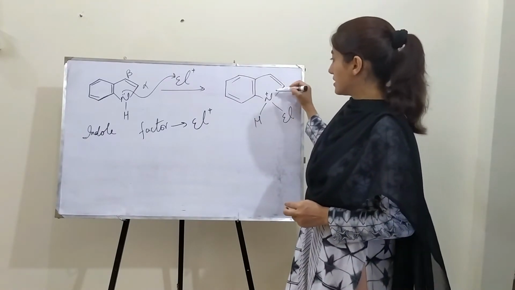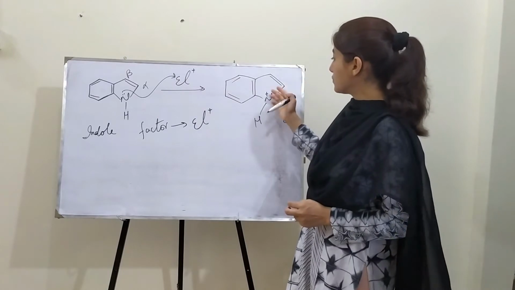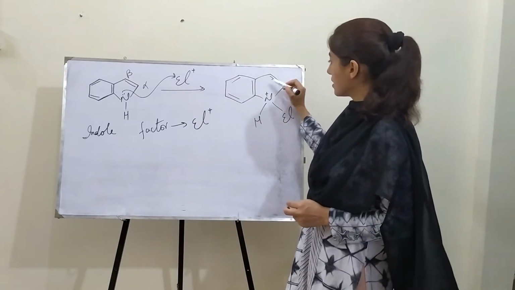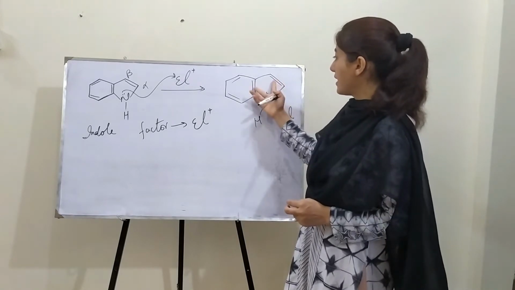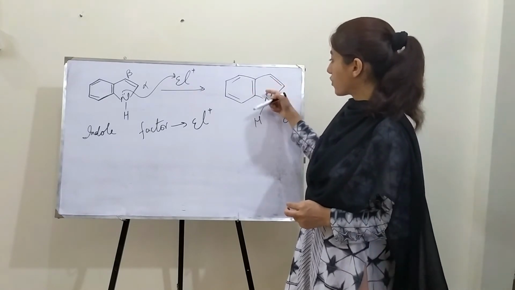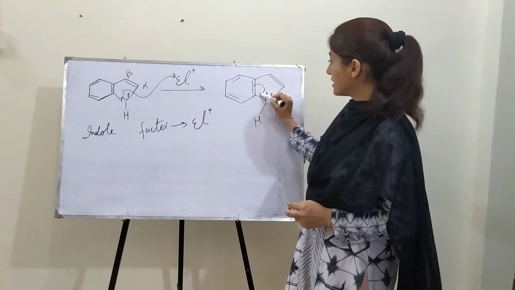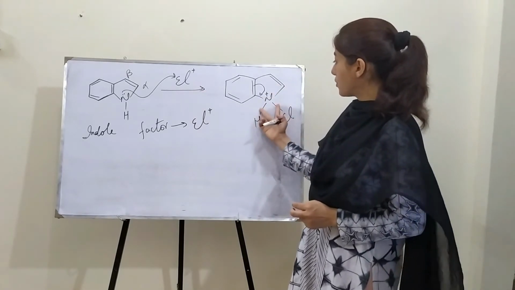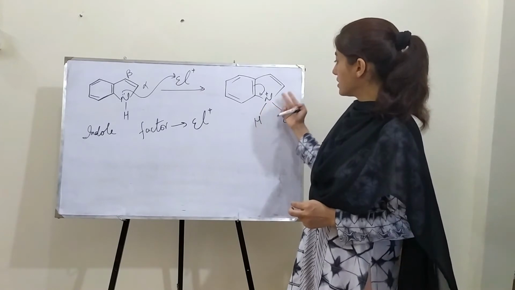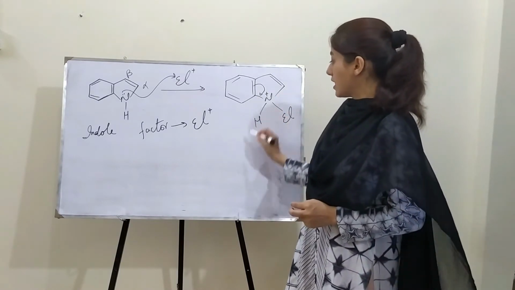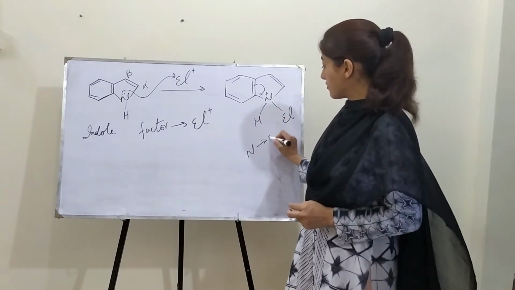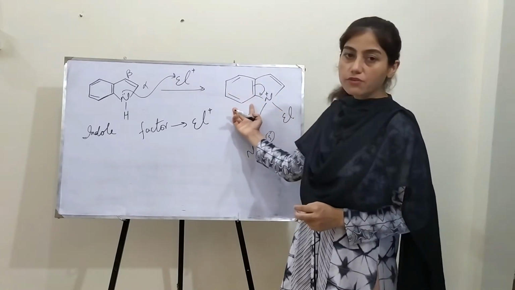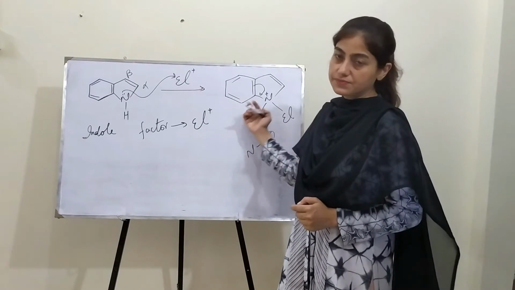If it may occur, then what would happen? Either it would draw the electron density from either position, from this one or from this one, and if it draws the electron density from this one, it is shifted to this position, then what would happen? That two bonds are this one, 2, 3, 4 and 5. Nitrogen would form 5 bonds, and here the aromaticity of the benzene ring would be lost.